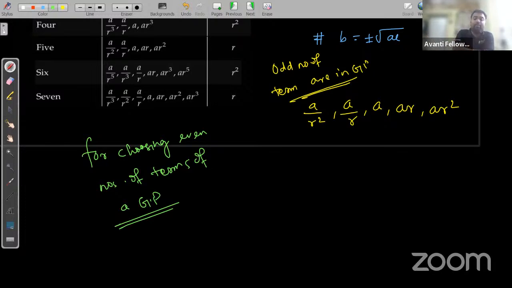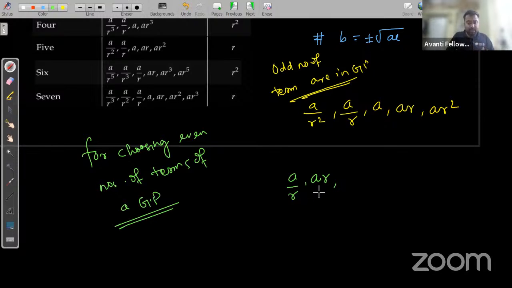Similarly, when you require to choose an even number of terms of a GP, then start with A, and what with A? No, it's not A. Actually, start with AR and A by R. So if AR and A by R, what is the common ratio between AR and A by R?